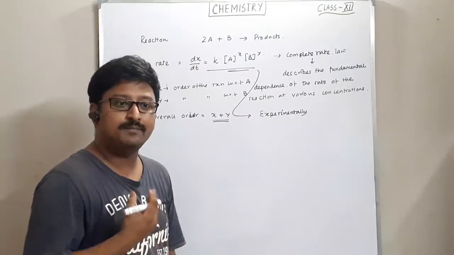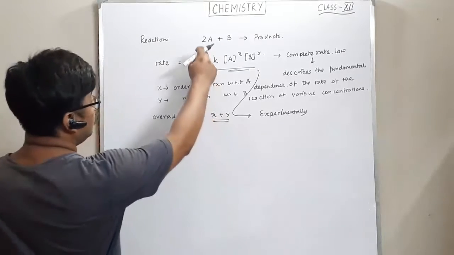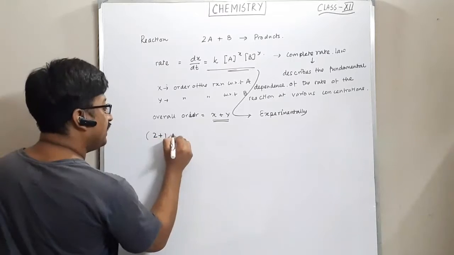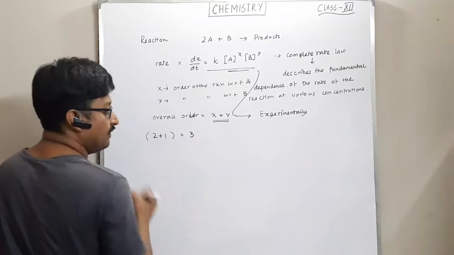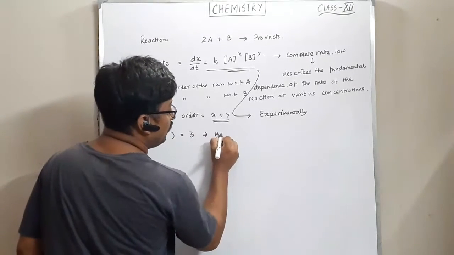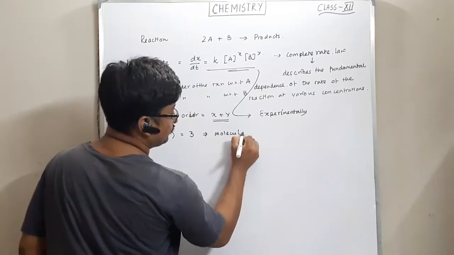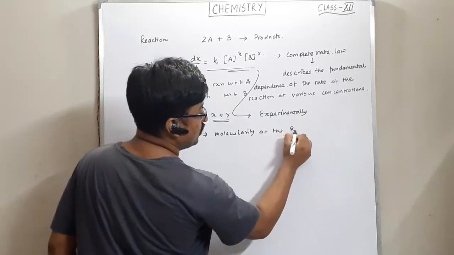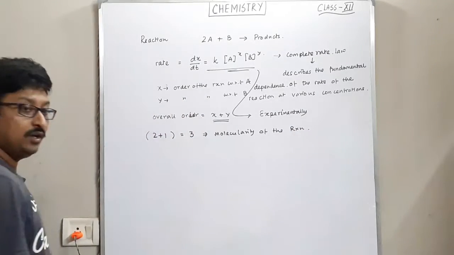Now, what will be the 2 and 1 here? In the given reaction, this 2 plus 1 is 3. This is called the molecularity of the reaction. So what is the molecularity?